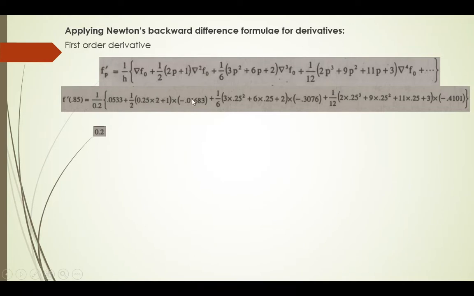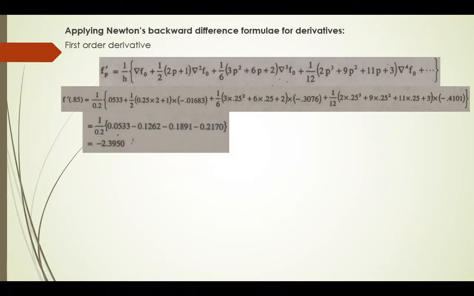Nabla square f naught from the table, p square 0.25 whole square, 6 into p, and nabla cube f naught from the table, p cube 0.25 whole cube, p square, that is 0.25 whole square, and p is 0.25. Nabla 4 f naught from the table. So calculating these things, we will get f prime 0.85 minus 2.3950. So that is the first derivative by the use of Newton's backward difference formula.